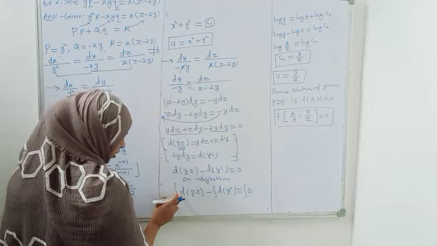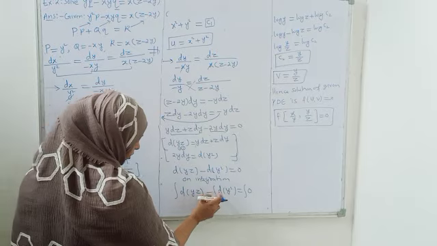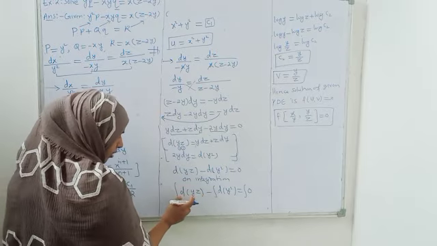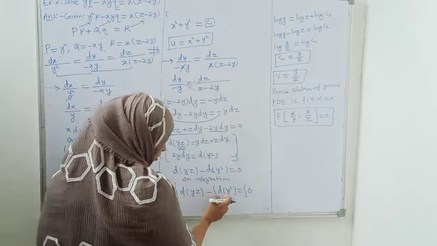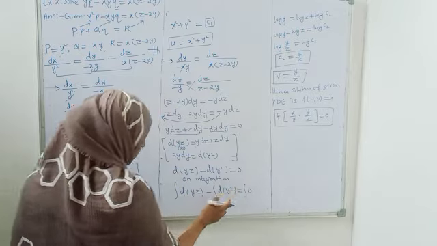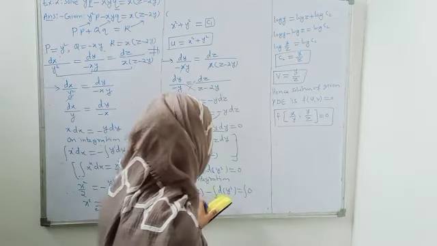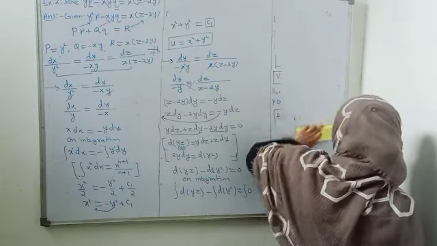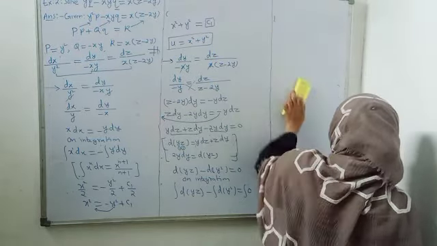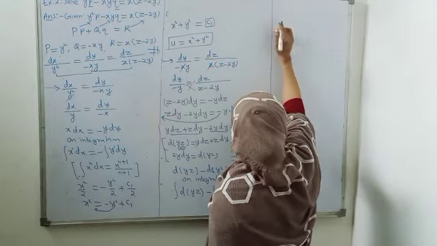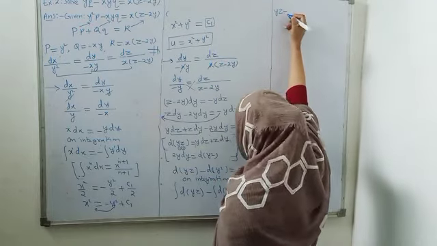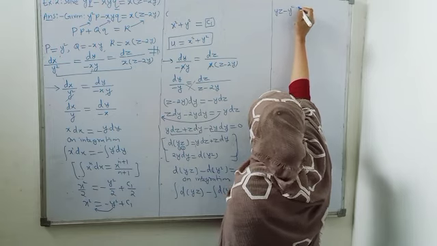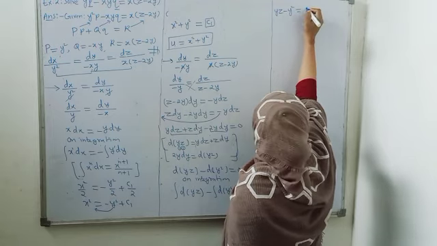So integration d will cancel, integration d will cancel. So you will have the next step: yz minus y square is equal to integration of 0, which is a constant. Let us take c2. So yz minus y square is equal to say c2.